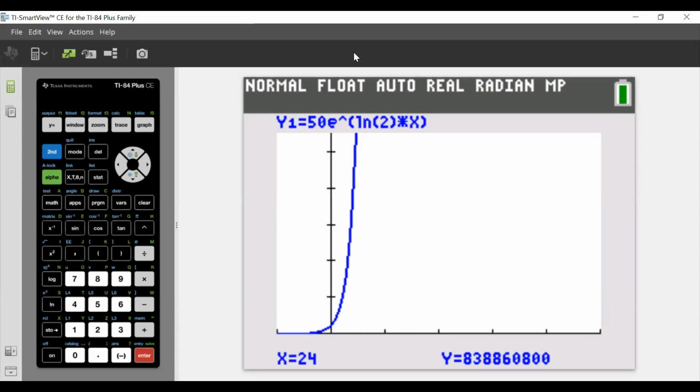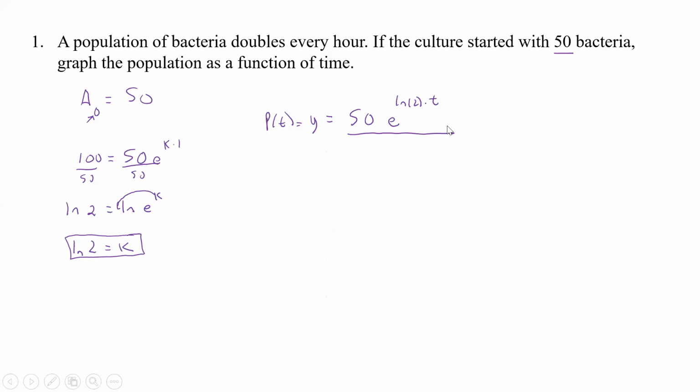Now, I want to write those two as orders of magnitude. The first one, we had 204,800, and that's at t of 12 hours. And then at t of 24 hours, we had 838,860,800.